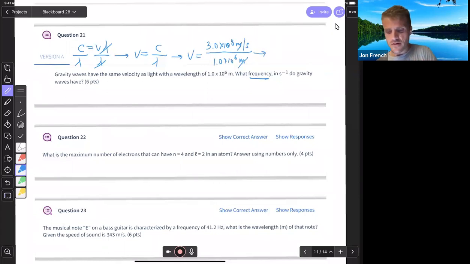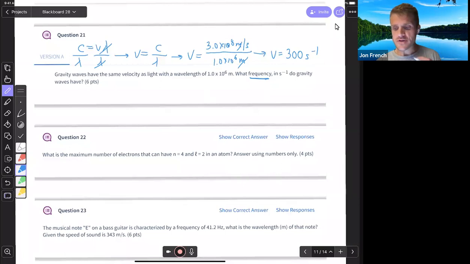Is that 300? Someone want to confirm if that's 300 for me? Yeah, all right, thank you. No one says anything, just leave me here. So 300 cycles per second.